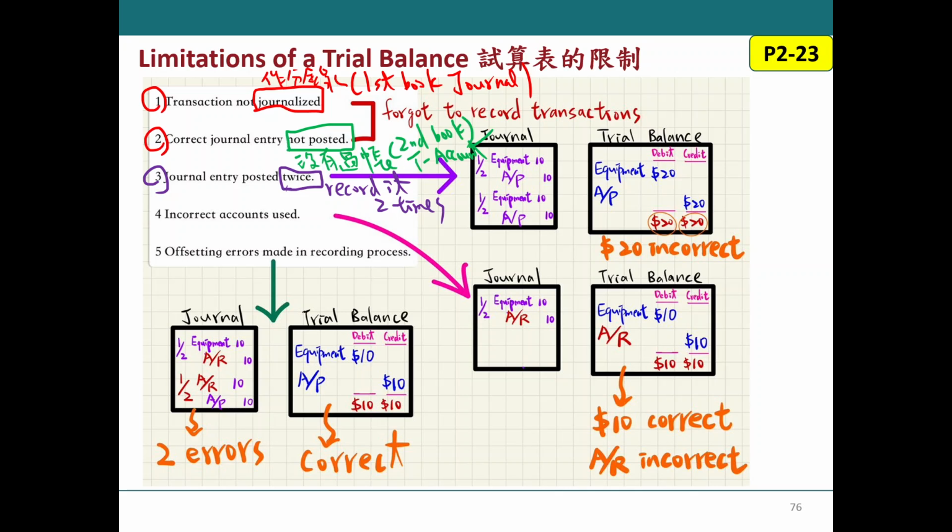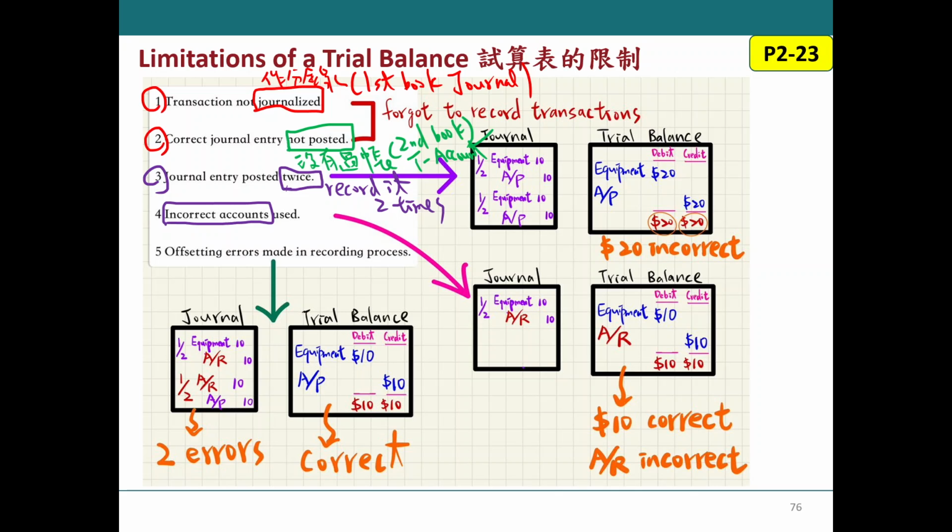Then what else? You use an incorrect account. Could you tell me about this case? Debit equipment, credit accounts receivable. What happened? Is it possible?